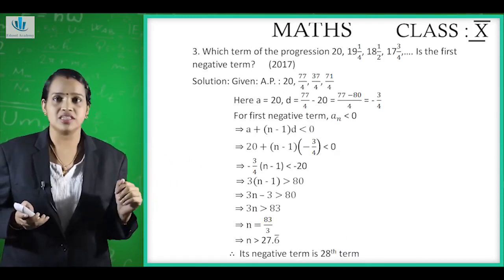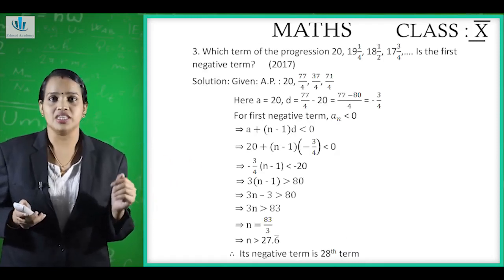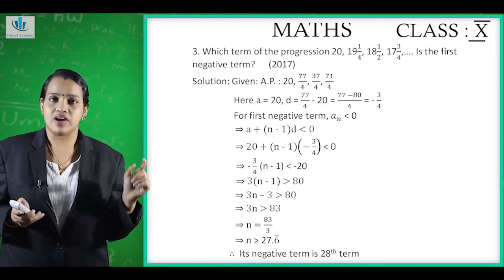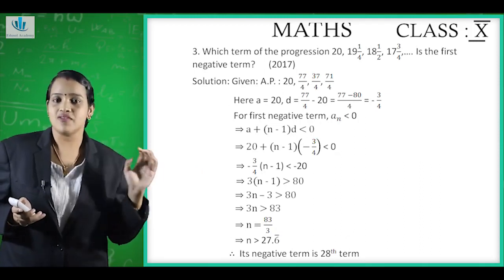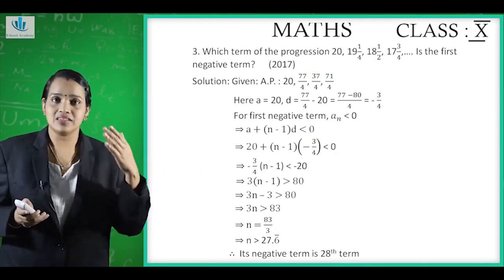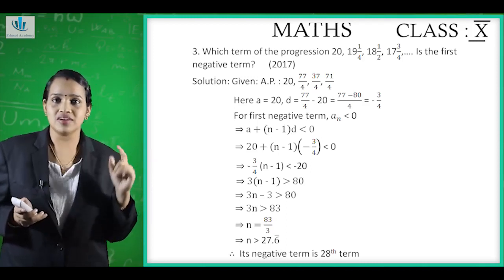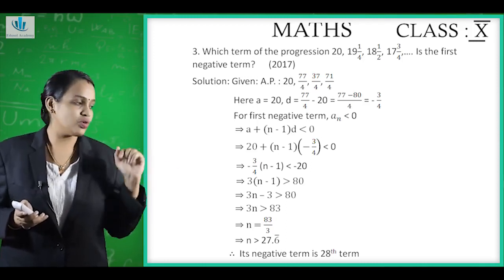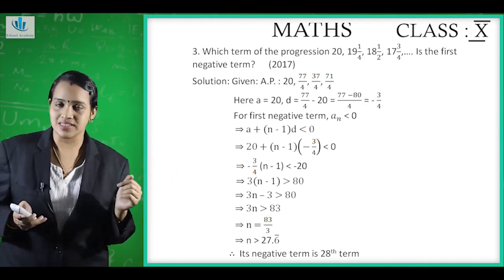Now the third question is, which term of the progression 20, 19 1 upon 4, 18 1 upon 2, 17 3 upon 4 is the first negative term? Now this question has appeared in the year 2017.